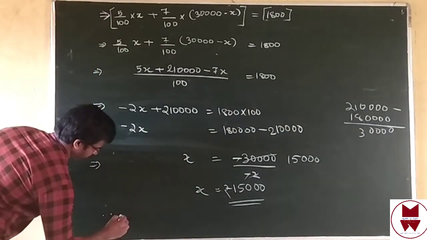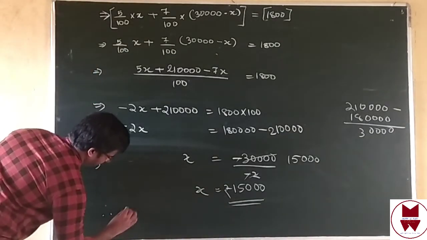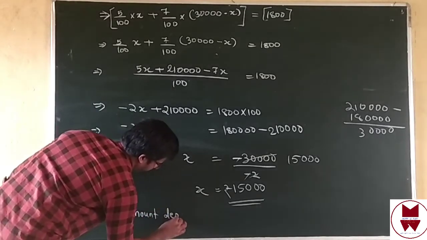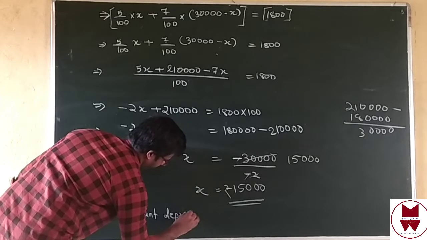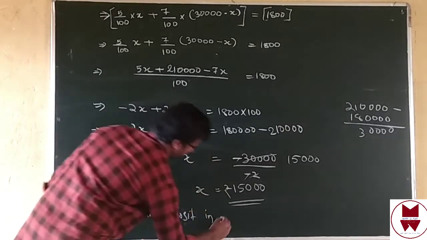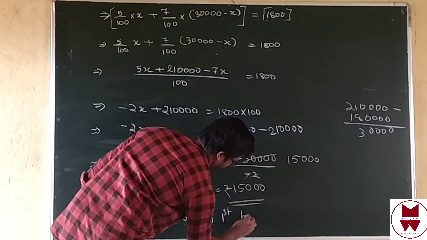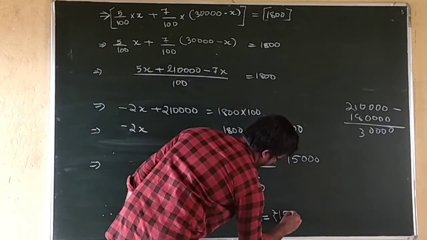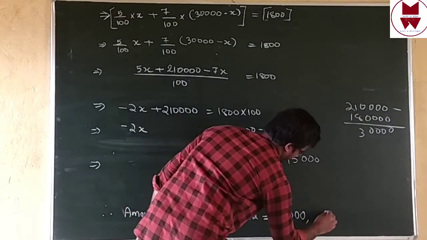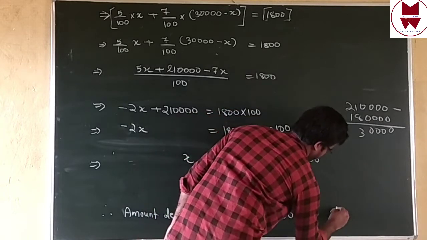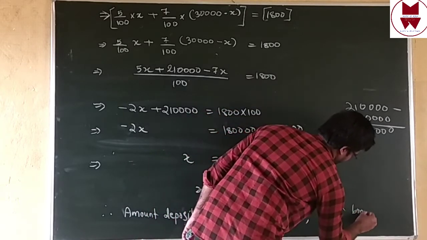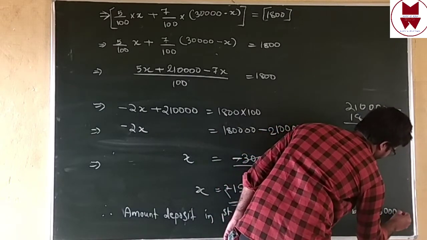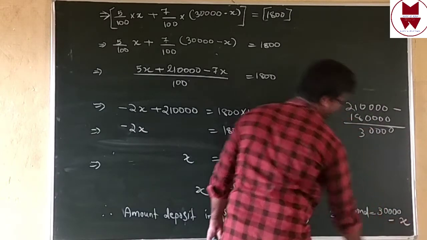Therefore, the amount deposited in the first bond equals rupees 15,000, that is X. Then second bond. In the second bond how much? That is 30,000 minus X, isn't it?